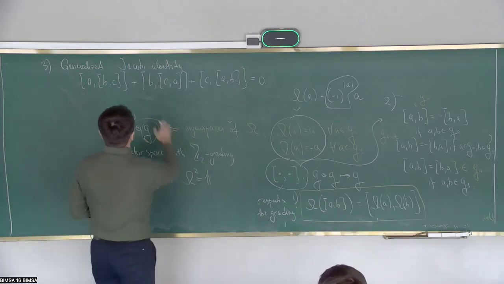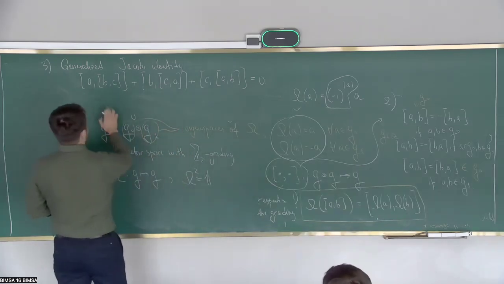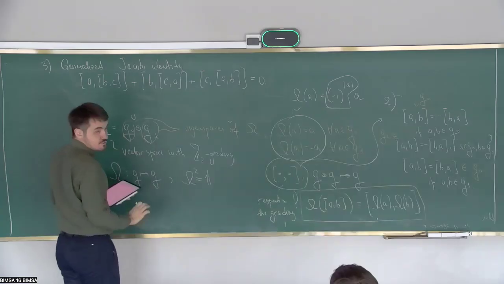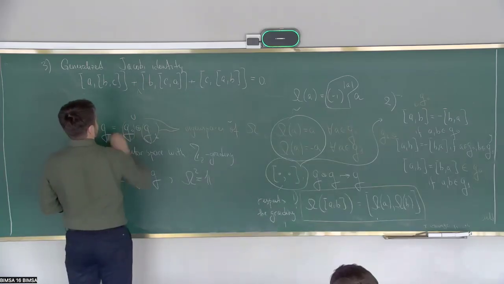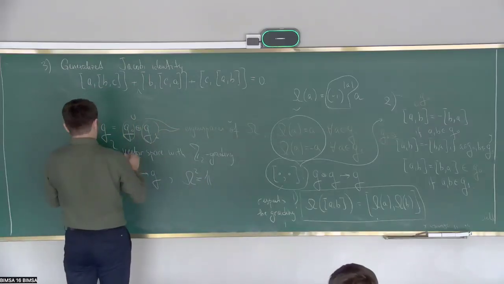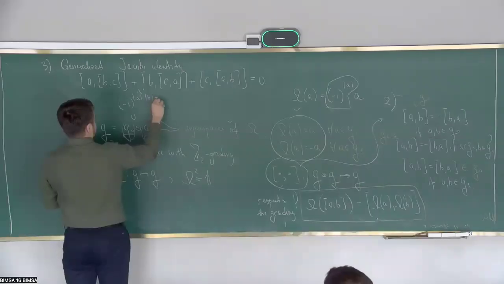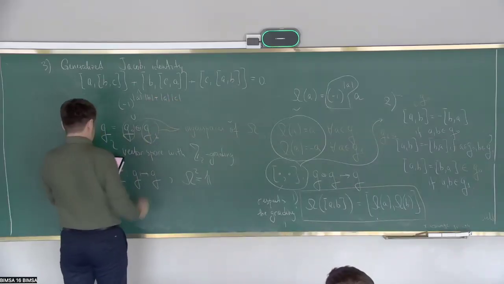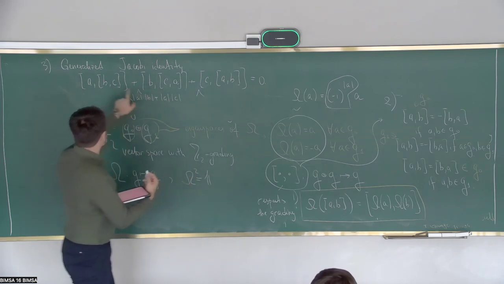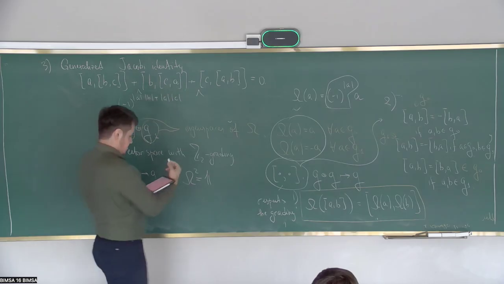In fact, not all of these A, B, and C need have grading 0. So for example, if you move A to the right, you pass through B and C, so you have to collect additional factors of the grading as you move A through B and through C. For example, here it means minus 1 to the modulus of A times modulus of B. And here you can think of either moving C to the back or moving B to the back, and it gives the same result.